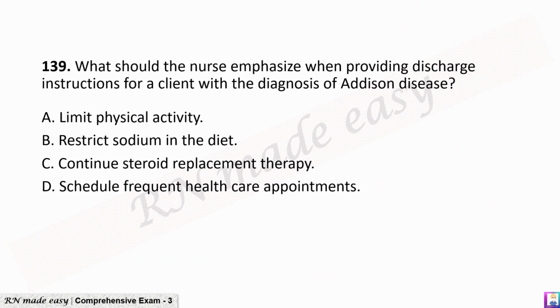Question 139. What should the nurse emphasize when providing discharge instructions for a client with the diagnosis of Addison disease? A. Limit physical activity. B. Restrict sodium in the diet. C. Continue steroid replacement therapy. D. Schedule frequent health care appointments.